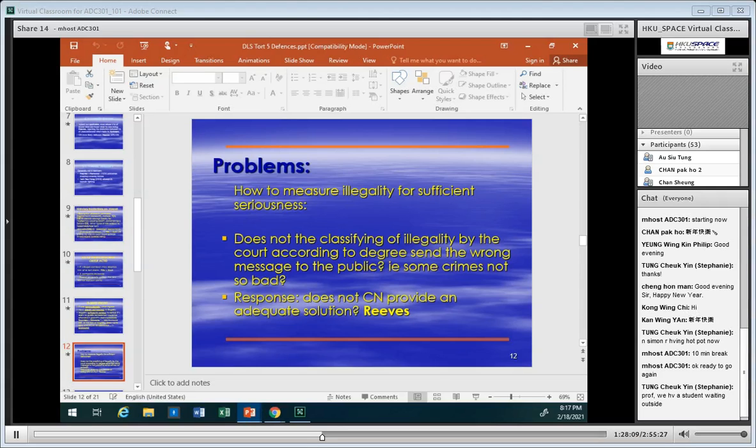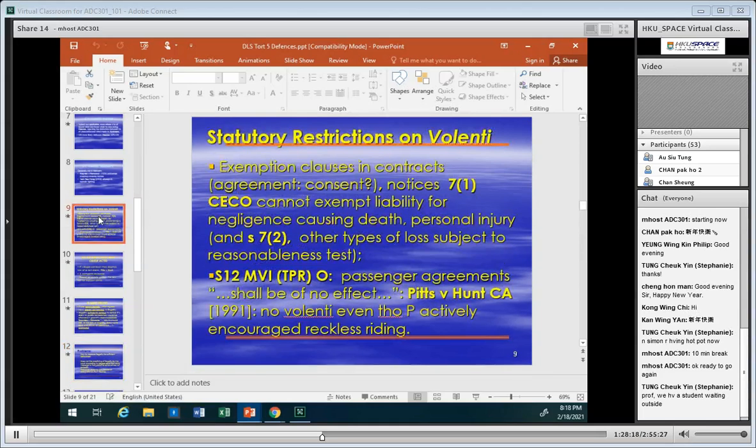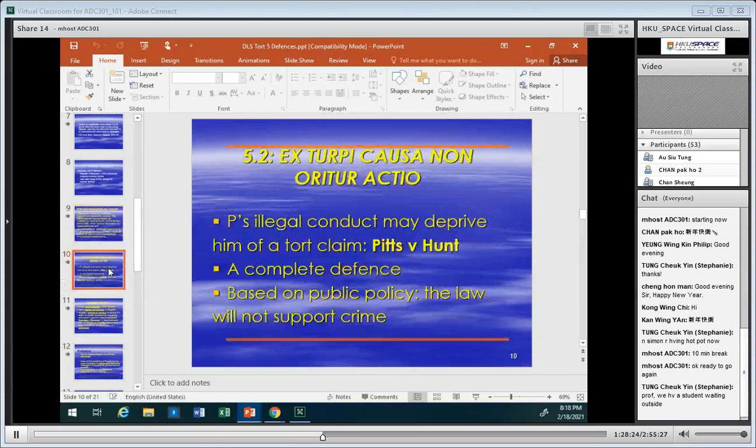Okay, but I would say the must-know case on illegality, everybody, is probably Pitts and Hunt again. Pitts and Hunt is the motorcycle driver, okay? And remember, in Pitts and Hunt, volenti did not succeed, but ex turpi causa did succeed. Why?